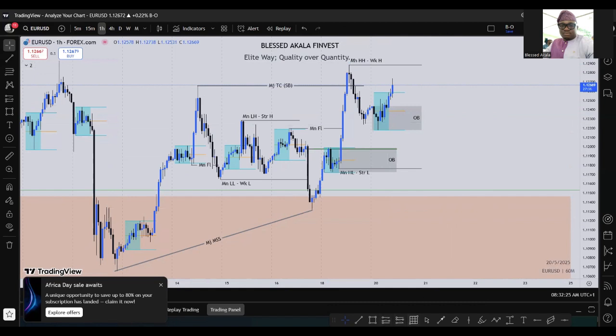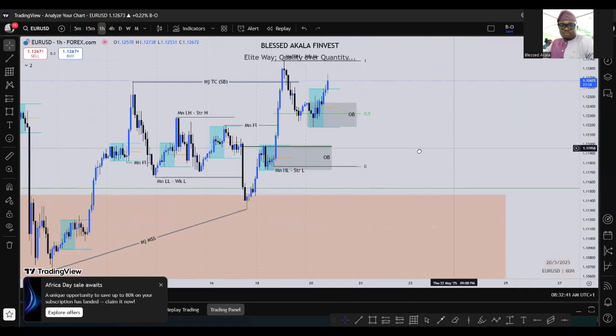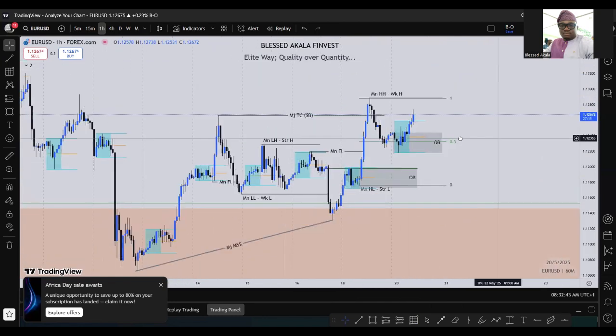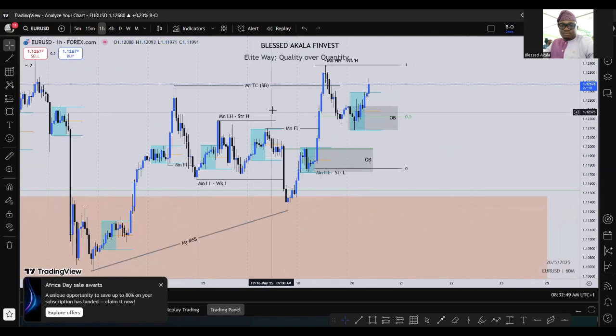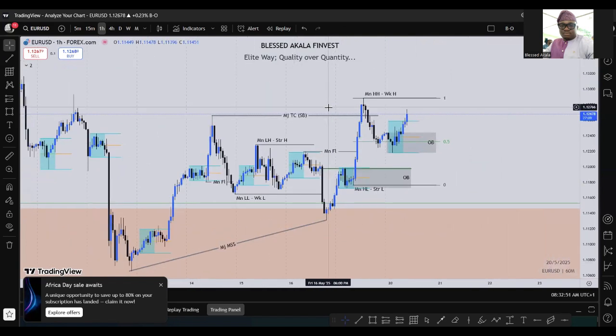So this will be our dealing range on lower time frame, and we're anticipating some kind of level. We are at the 50% of that dealing range, and market is trying to move higher.